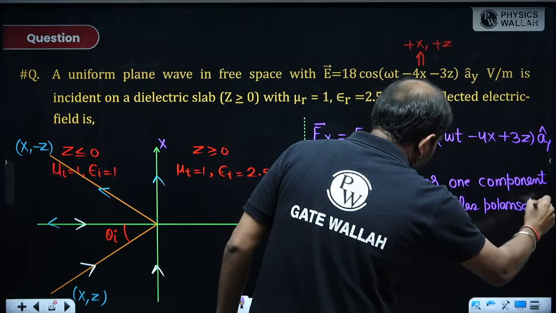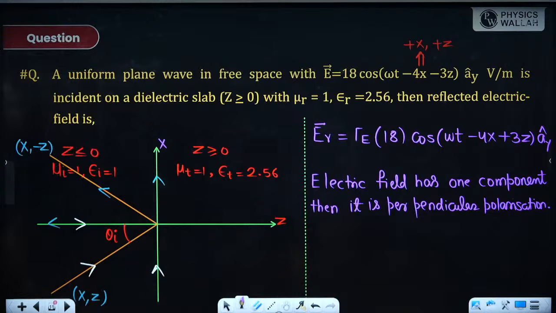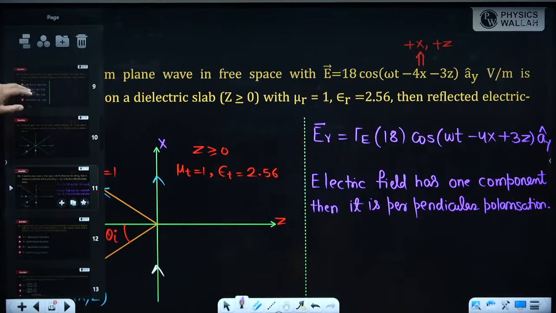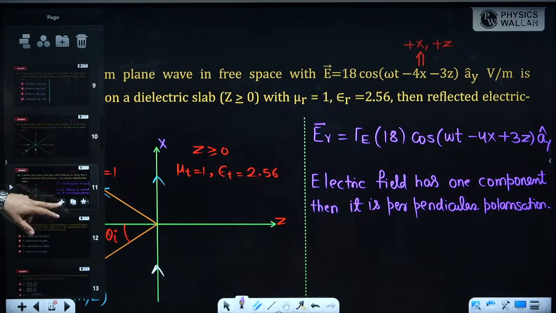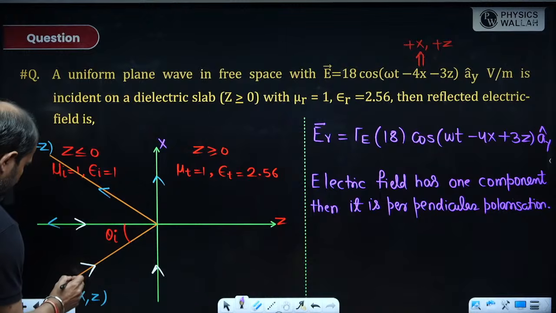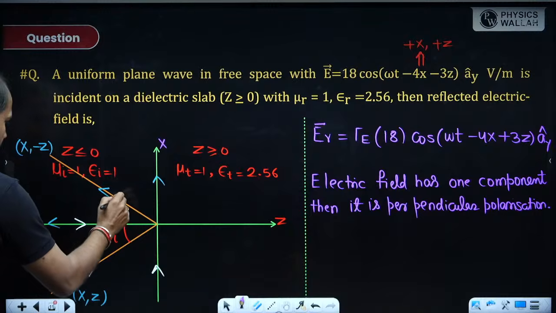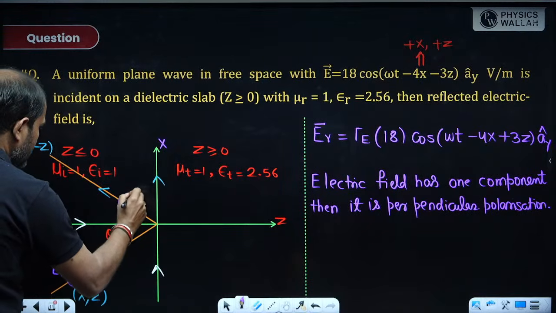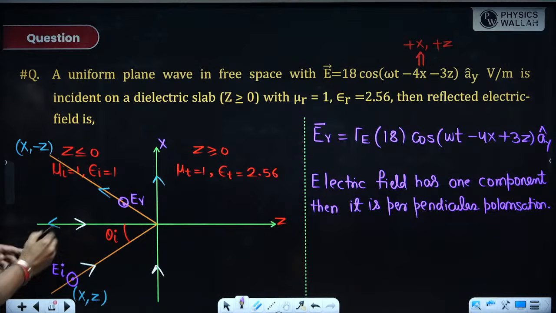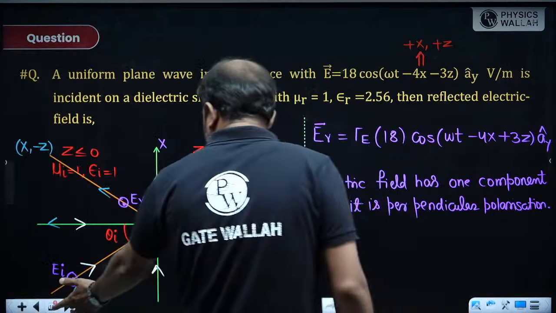I am going to tell you for perpendicular polarization, because the electric field will be in this direction, the outward direction. Electric field EI in this direction, electric field ER in this direction. So it is outward, perpendicular to the plane.